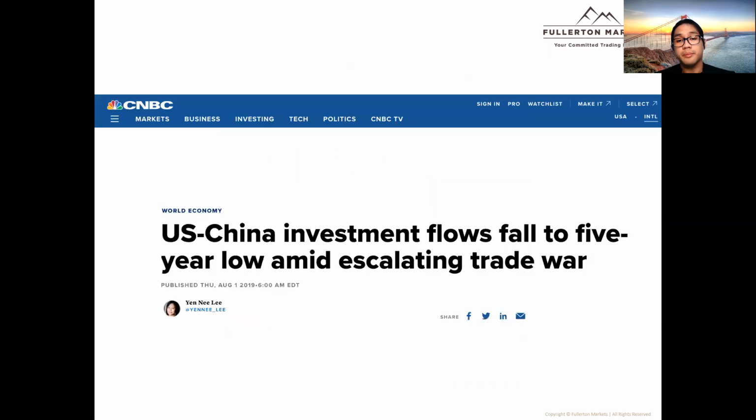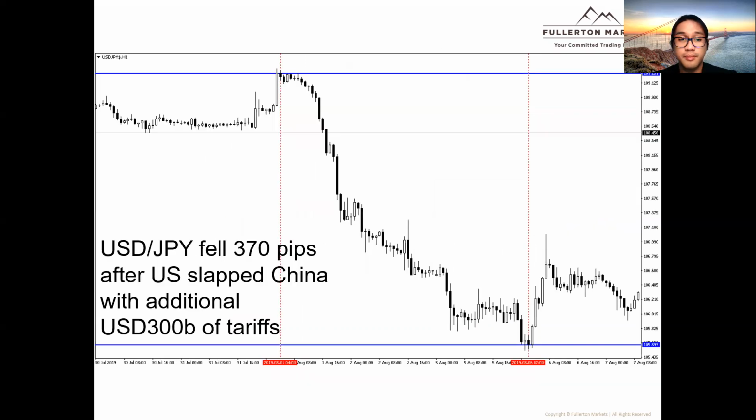US China investment flows fall to a 5-year low amid escalating trade war. Here's an example. The USDJPY fell 370 pips after the US slapped China with an additional $300 billion worth of tariffs. So the first question is, why did the USDJPY fall after the US slapped China with the tariffs?